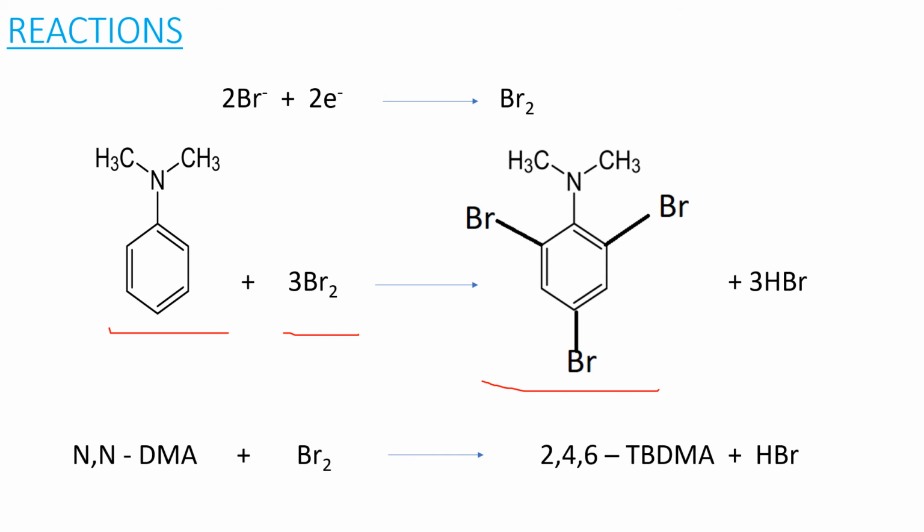So in a simple way to calculate the rate constant, I am writing only the reactants and products without the balanced equation. So it will be easy to calculate the rate constant. That is, I am writing like this: N,N-dimethyl aniline plus Br2 gives 2,4,6 tribromo dimethyl aniline plus HBr.